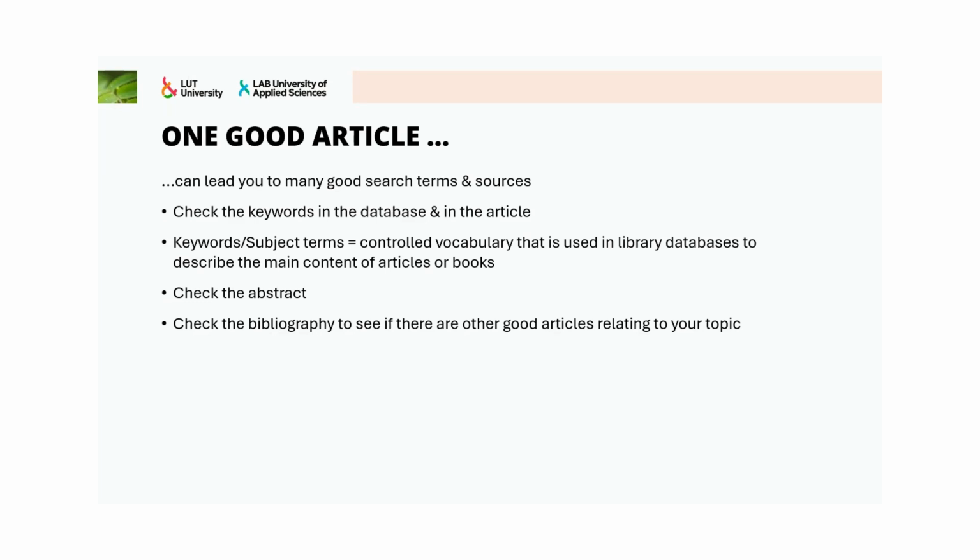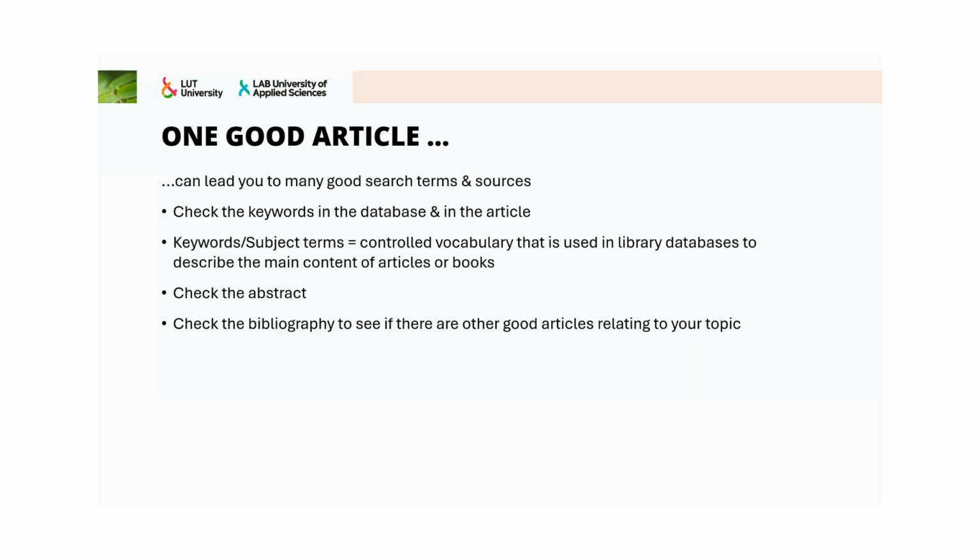The subject terms are used in library databases to describe the key content of the articles and books. Don't forget to check the abstract, as that might also have some good terms that you can use for your search. And it is also useful to check the bibliography for other articles relating to your topic. You might even see some good search terms in the titles.